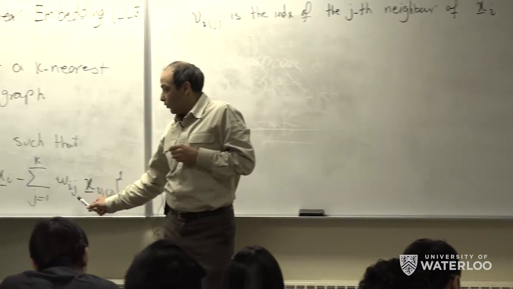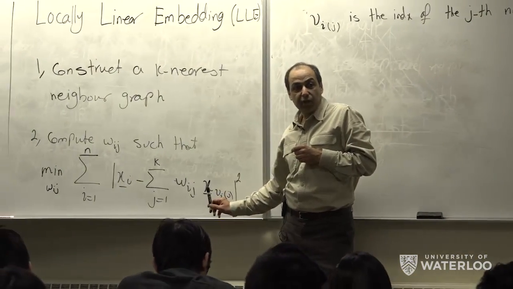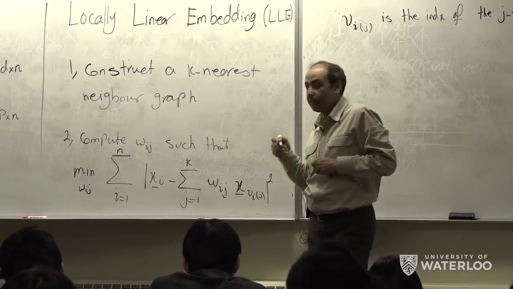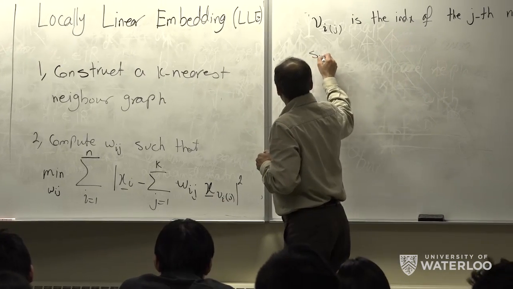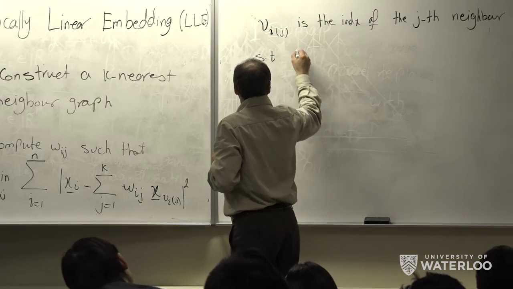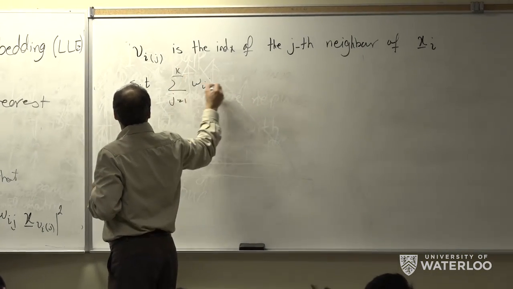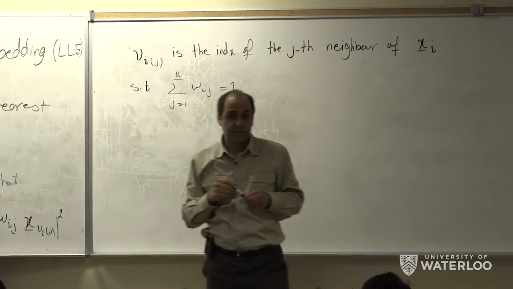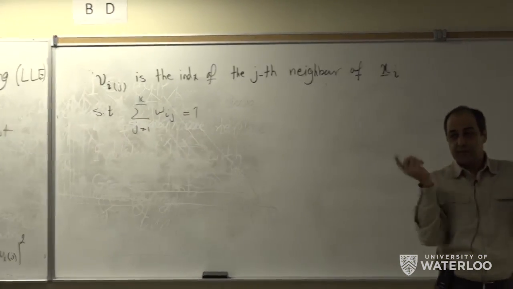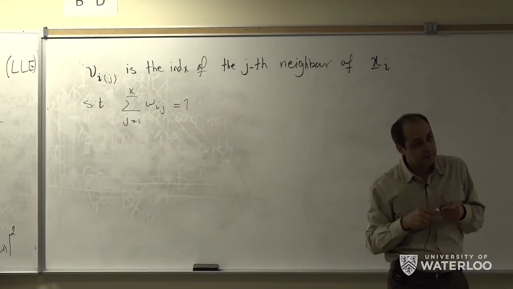In fact, we need to minimize this subject to a constraint that the summation of Wij for j equals 1 to k is 1. So it's like a convex reconstruction of points.